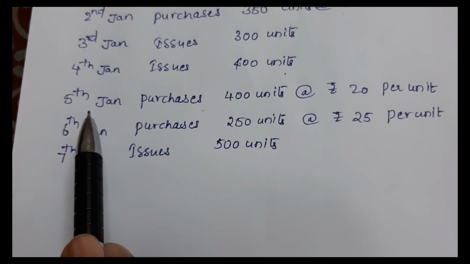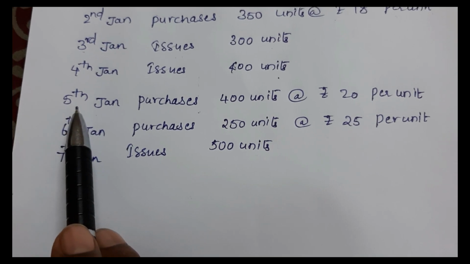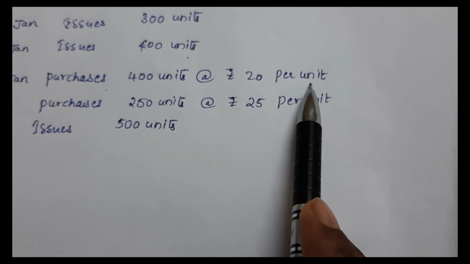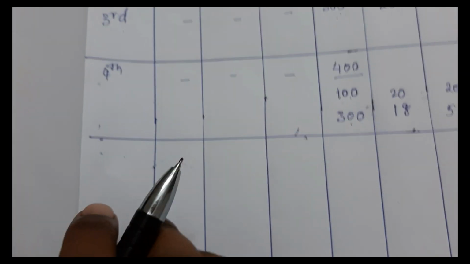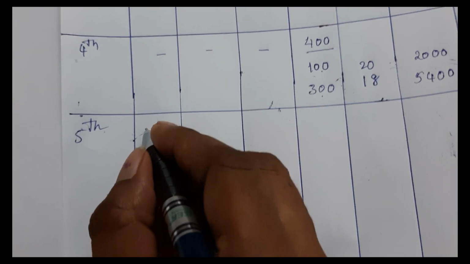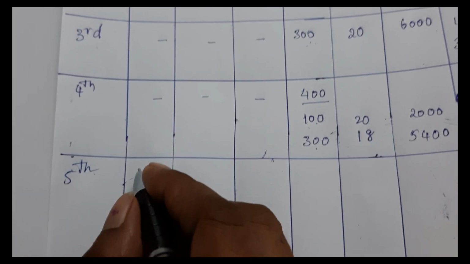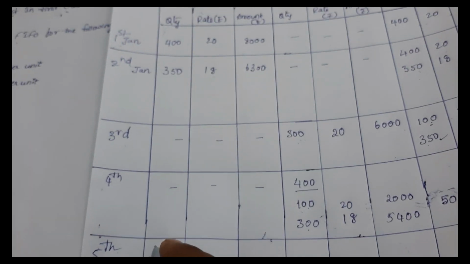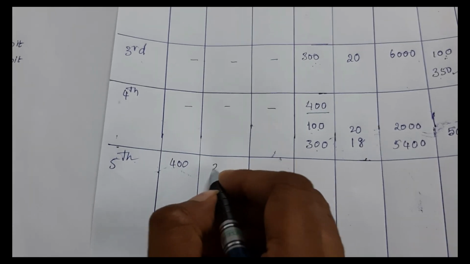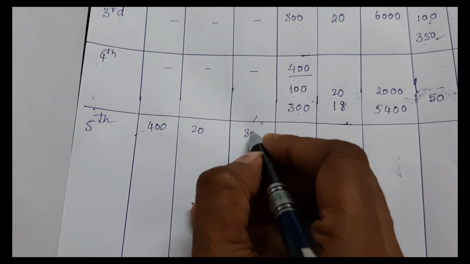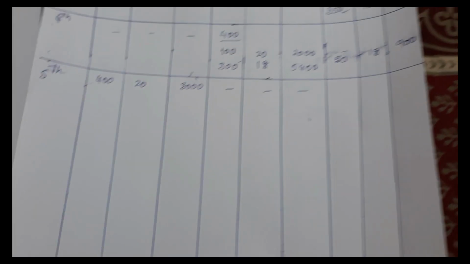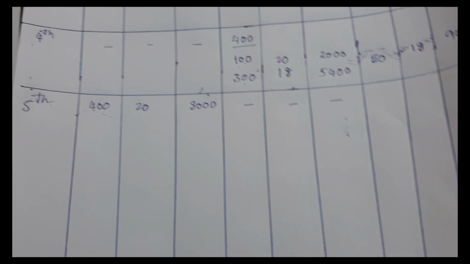Now we will see the fifth transaction. On 5th January, purchases 400 units at the rate of 20 per unit. Purchases means in receipts column only you have to write. Under purchases, 400 units, 20 rupees each. This will become 8,000. No issues were made on 5th January.